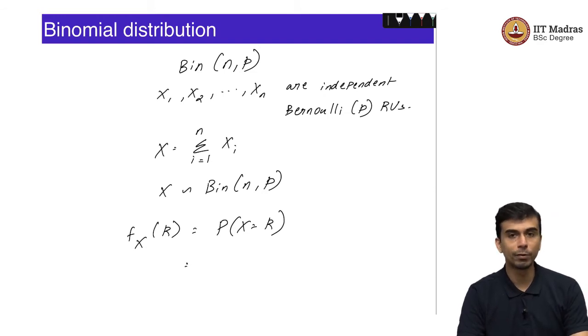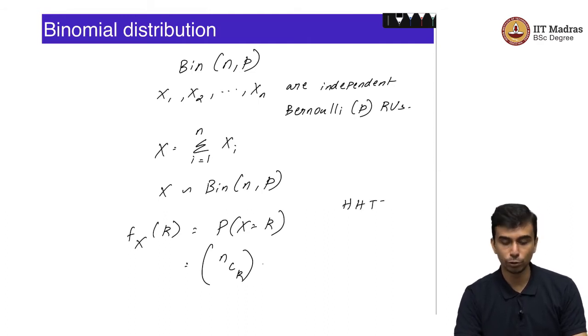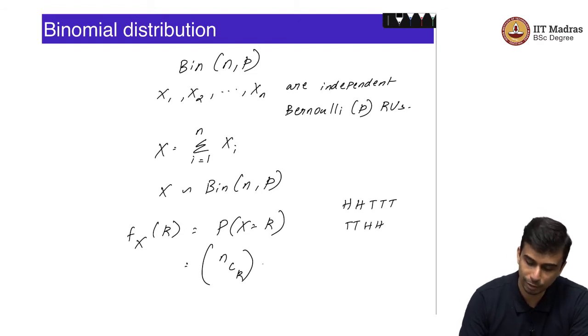Well, there are 2 power n possible coin toss sequences, out of which there are n choose k ways in which you can get exactly k heads, and each of those corresponds to a sequence where, let us say, k equal to 2 would mean h h t t t t t.